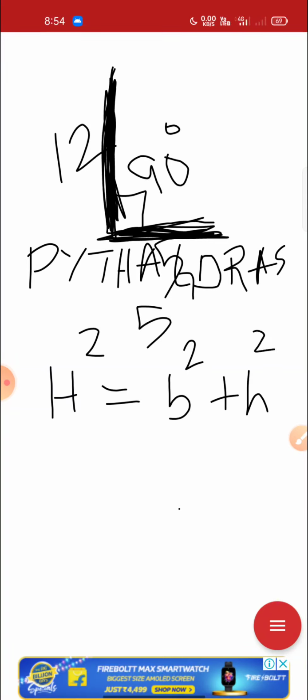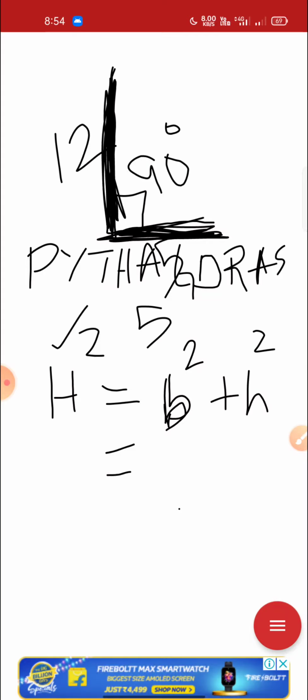It's okay if h comes first, it's okay if b goes last, no problem. Anyone can go anywhere. But the goal is to find this one, hypotenuse. Please memorize this formula.